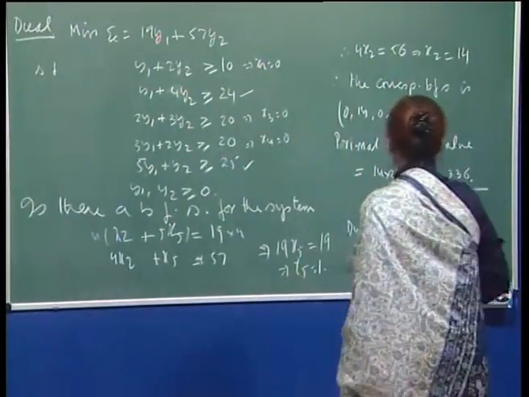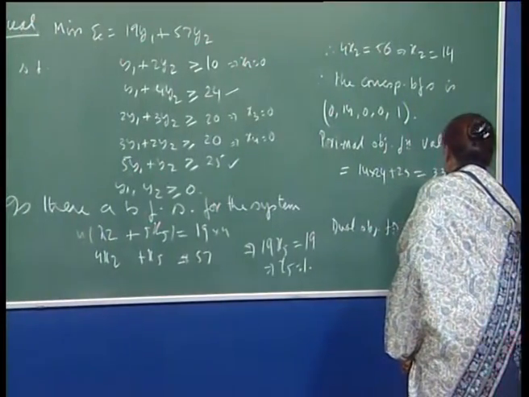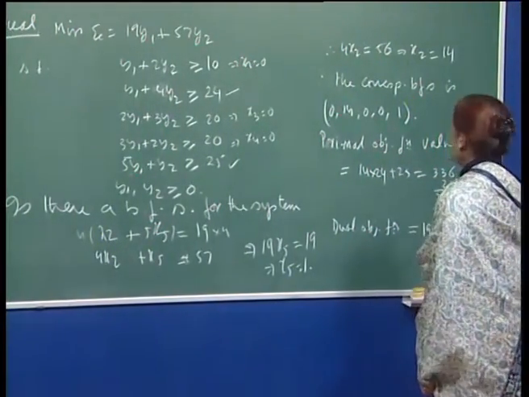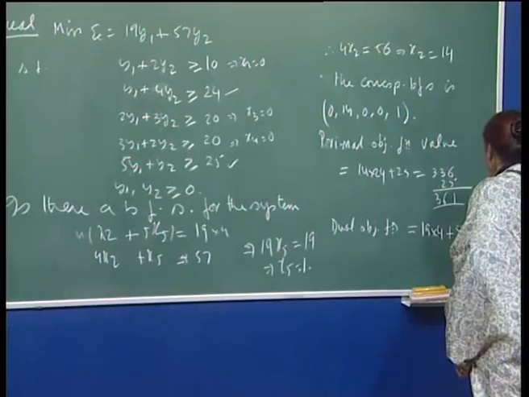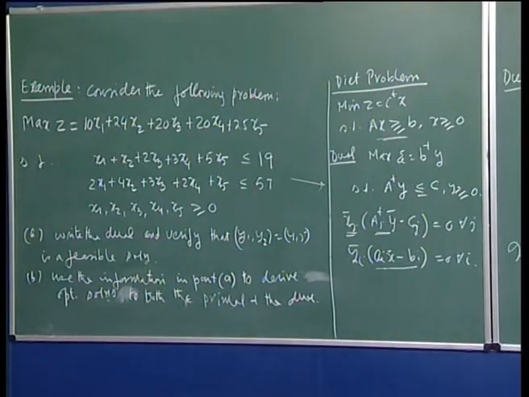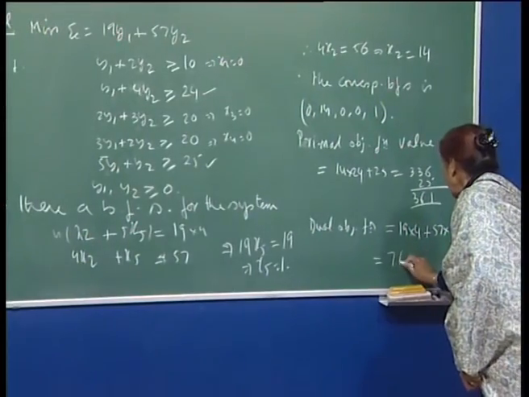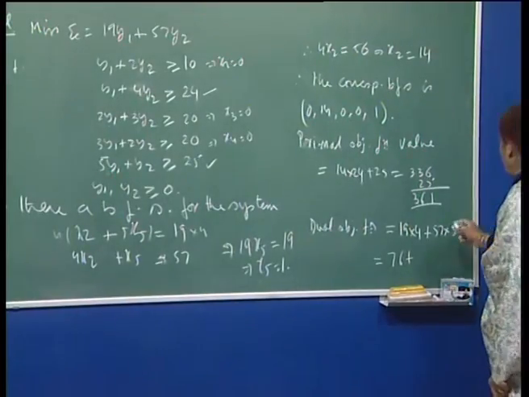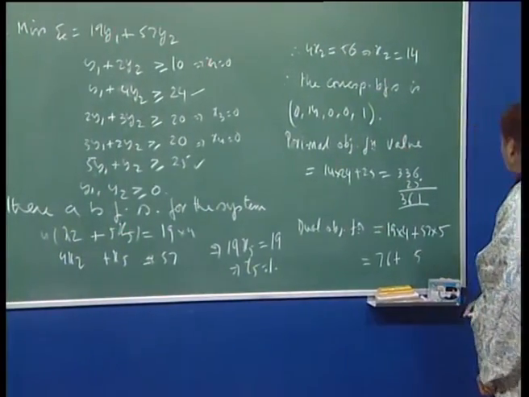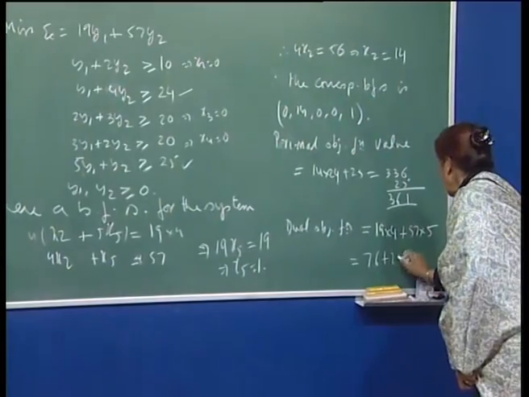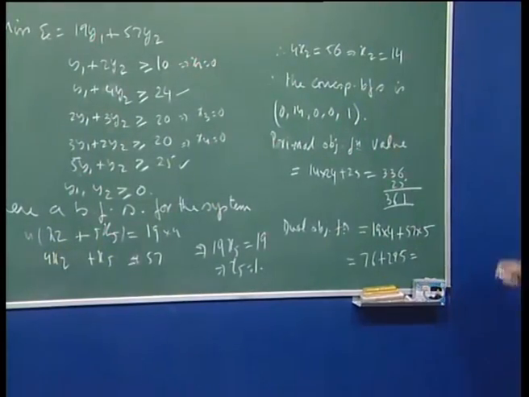So, this is 19 times 4 plus 57 times 5. So, let us quickly do it. 76 plus 5 7s are 35, 5 3 5 5s 25 to 8, right.